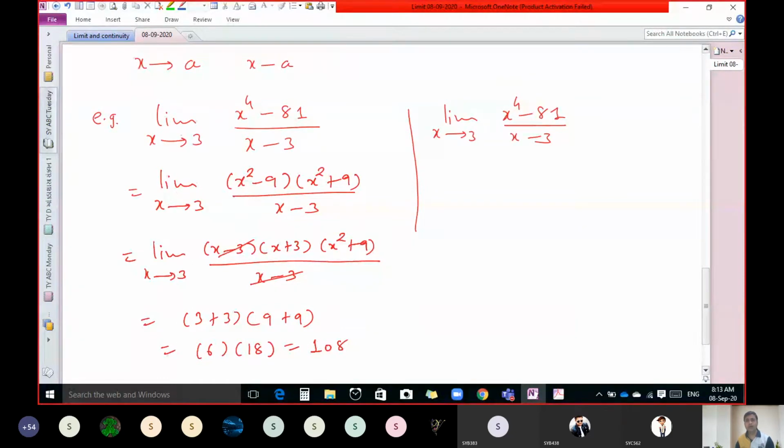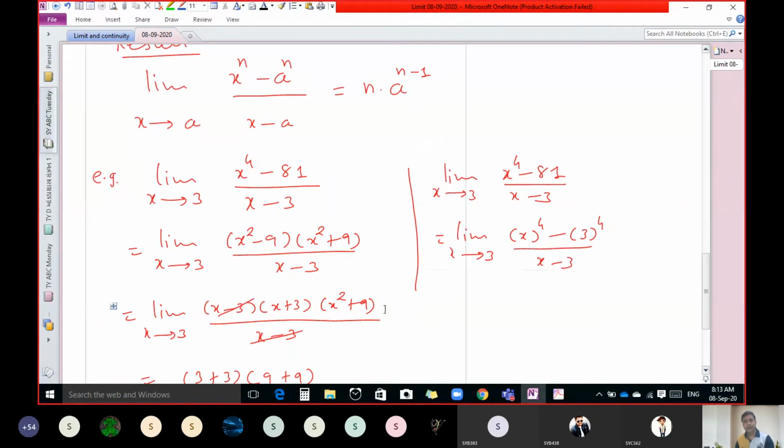Now instead of doing all this, if you apply the above result, you have to do only one thing. This is x raised to 4 minus 3 raised to 4 upon x minus 3. So now it looks like this result only. Here our a is 3 and n is 4.